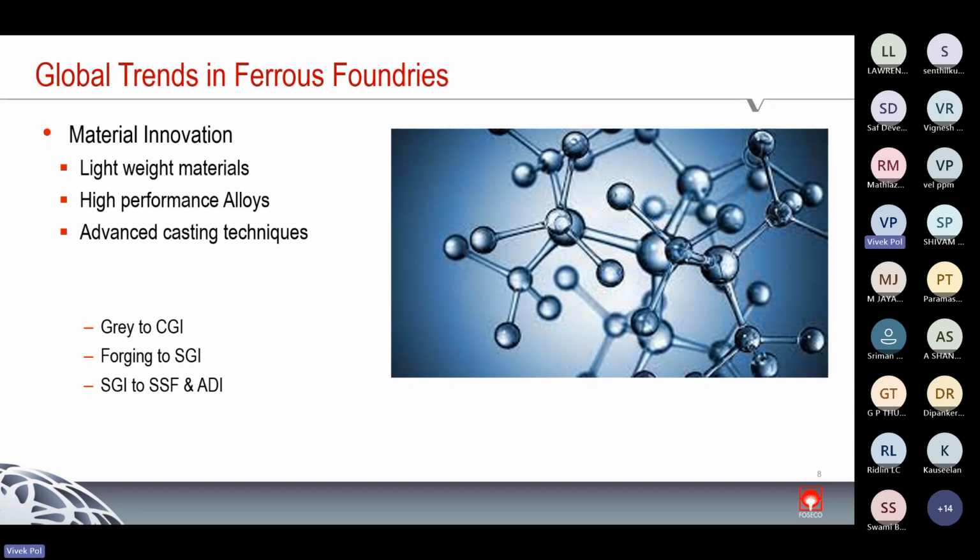Forging components are shifting to SG iron, and SG iron is now shifting to higher grades, SSF grades or ADI grades. So these are material innovations which are now in trend, and our foundries need to cope up with these emerging needs of the customer.